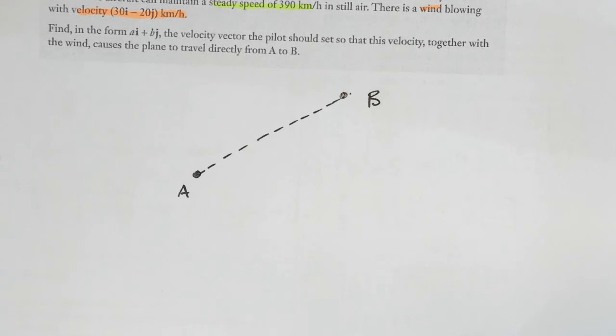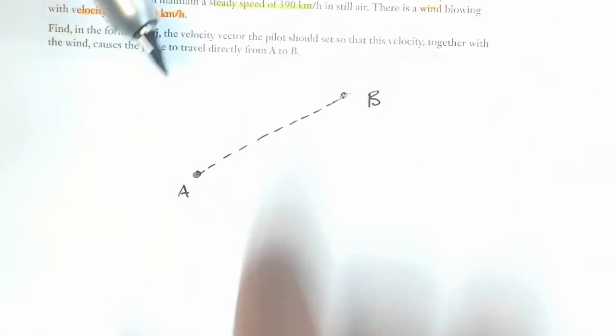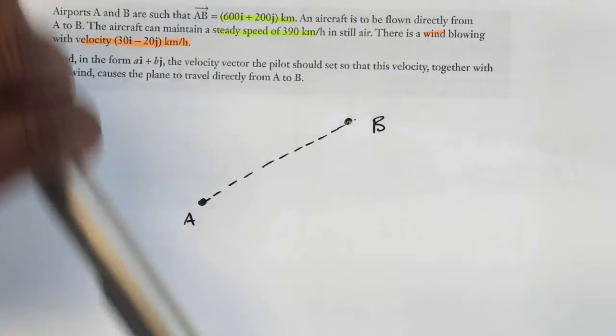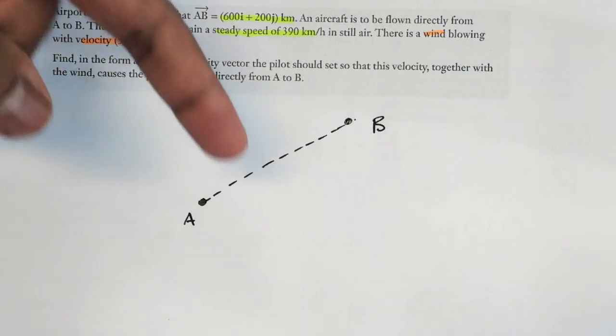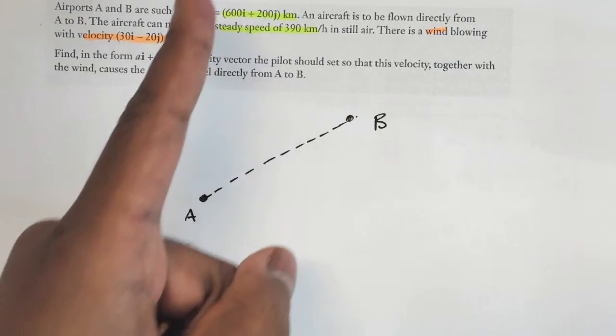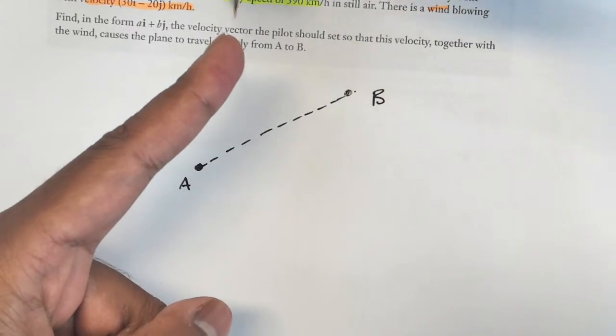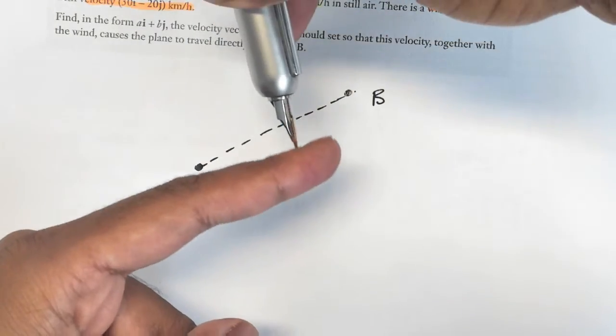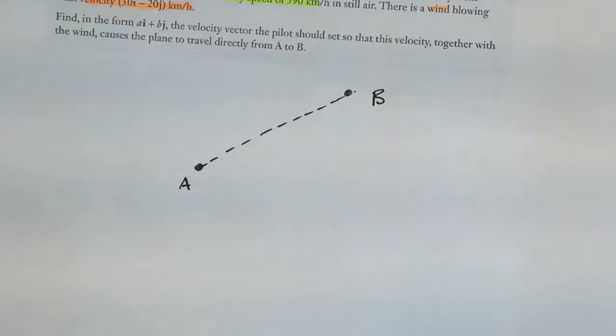Well, the wind is going 30i, 20j. So the wind is going in this sort of direction. So I know I'm going to have to fly some sort of way this way, so that when the wind pushes me down, it pushes me to AB.